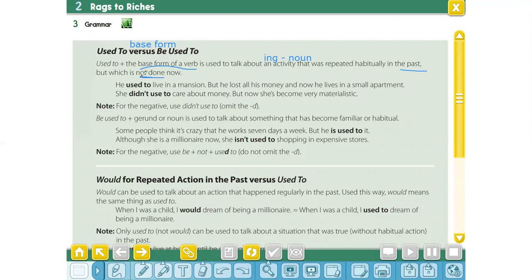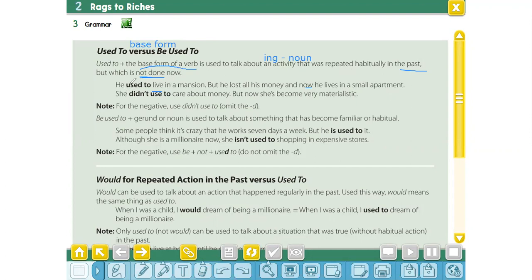For example, he used to live in a mansion, but he lost all his money and now he lives in a small apartment. In the past he lived in a mansion, but now he isn't. So I use used to plus base form, used to live. Clear?